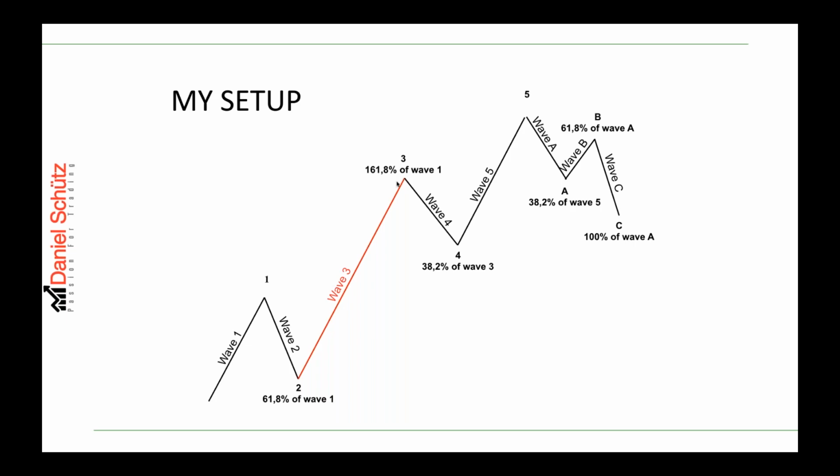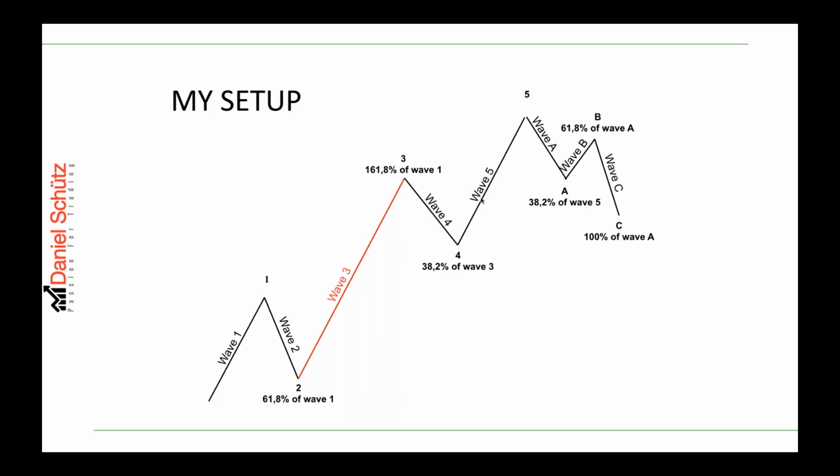So from the low of wave 1 to the high of wave 1 down to wave 2, we have 161.8. And that's one of the targets we can use for trading wave 3, and I already marked wave 3 in red. So that's what I'm going to concentrate on when I trade the Elliott wave setup.